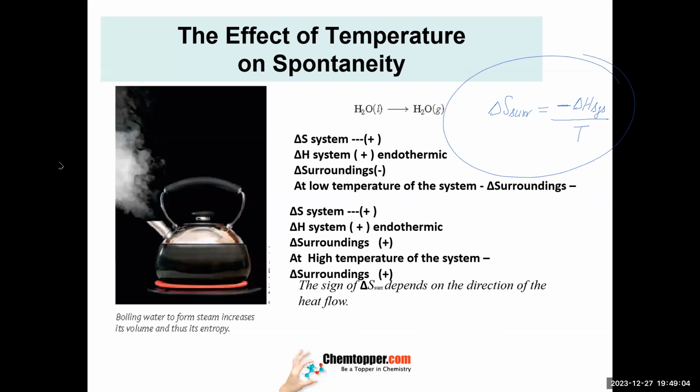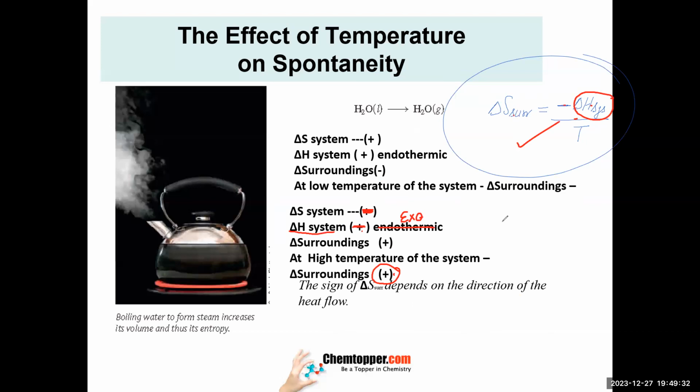This is negative. Negative means exo. If the delta H of the system is negative, if I plug in a negative value here, that negative and negative will make surroundings positive. That's why the equation is this.